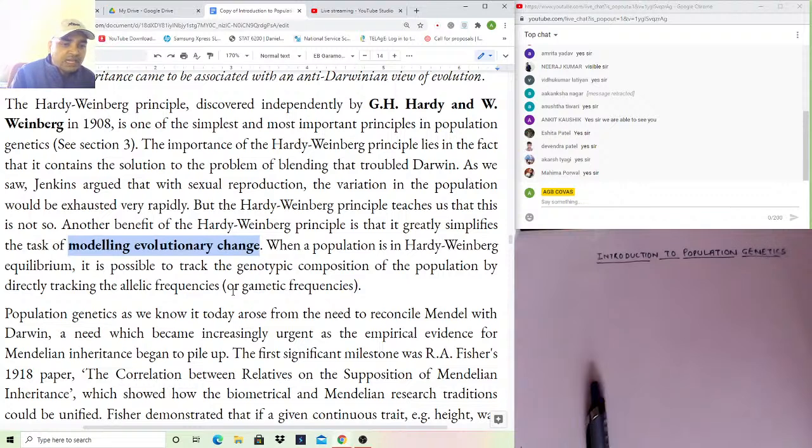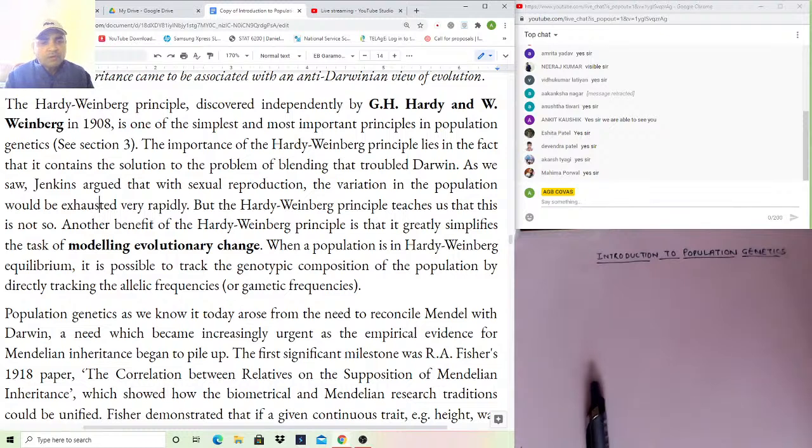That is, we are now able to compute and model these evolutionary changes using the Hardy-Weinberg law, and it has proved that the variation we get in a population does not simply get dissolved or end within a few generations.